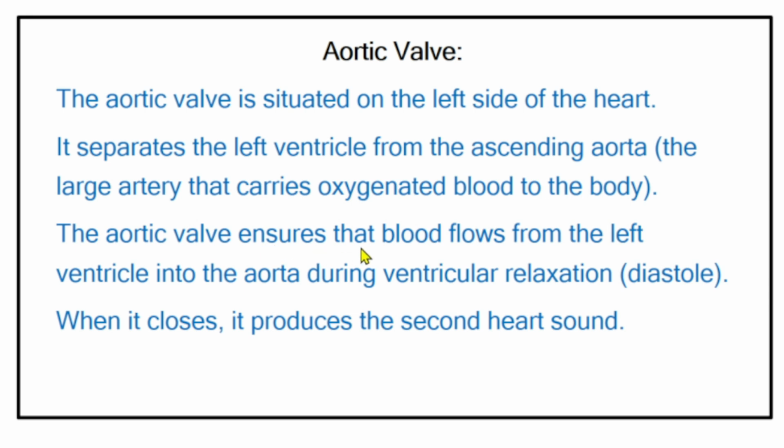The valve ensures that blood flows from the left ventricle into the aorta during ventricular relaxation. When it closes, it produces the second heart sound, S2. So S1 is due to closure of the tricuspid valve, and S2 is due to closure of the aortic valve.